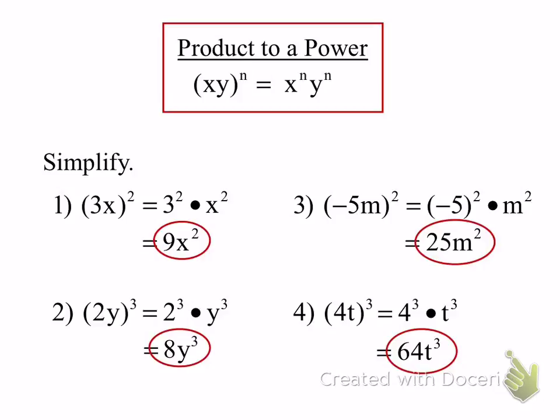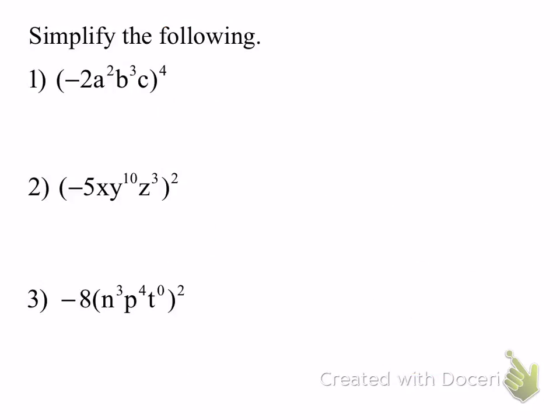Got it? Okay, when you get these longer ones, just remember, everything in there is to the fourth power. Now, if you already have an exponent, inside and outside, what operation do we do with the exponents? Multiply. Okay? When they're outside and inside, we call that a power to a power. So negative 2 is to the fourth power. A squared, outside, inside, means we multiply.